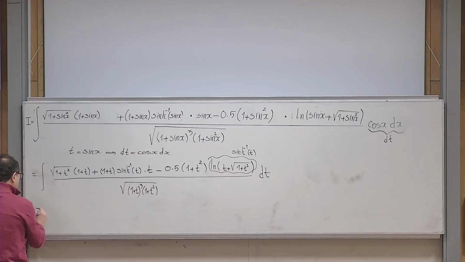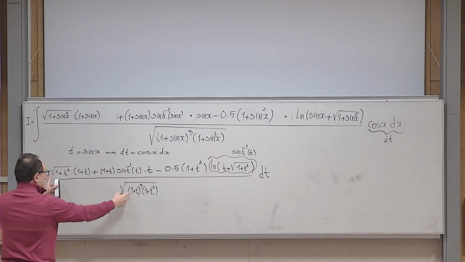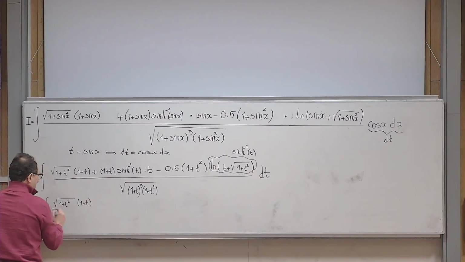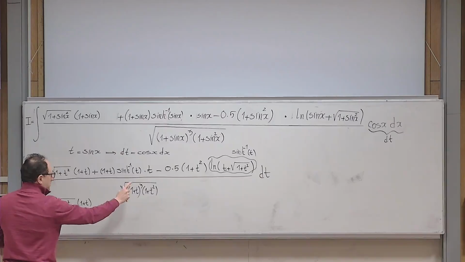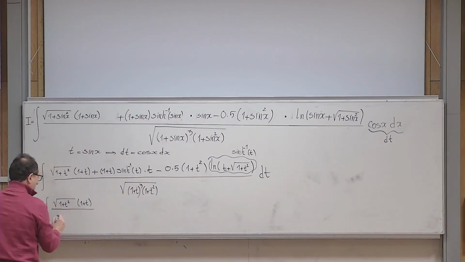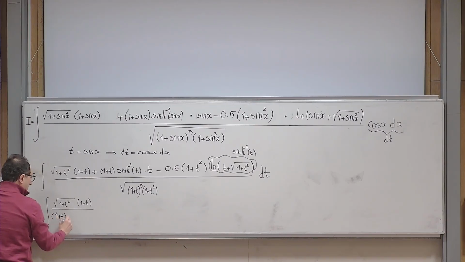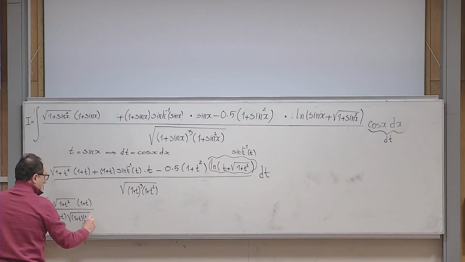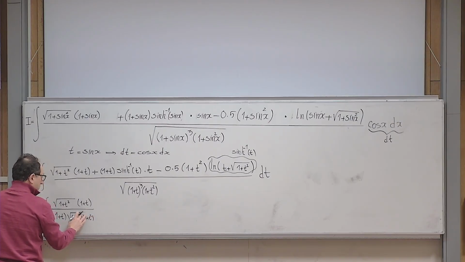Okay, so I will decompose my integral into two integrals. One integral of this divided by that, but from this power of 3, I can pull 1 plus t out, and 1 plus t is left under the square root sign, and of course I will also have 1 plus t squared that can be written as two square roots.